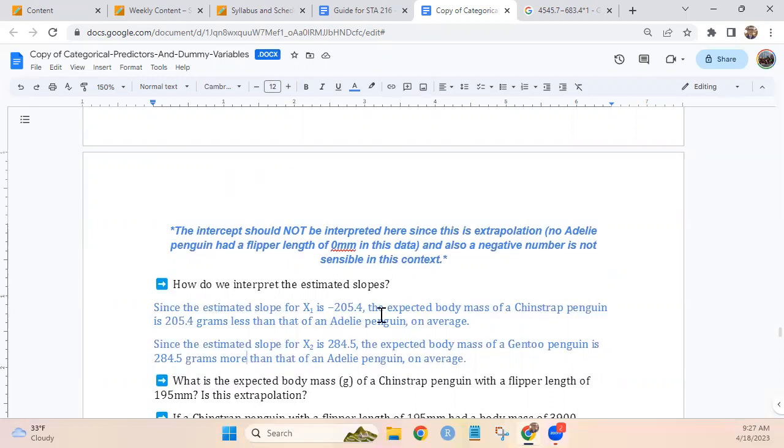So this would be good if species was the only predictor in the model. What do we need to add here? Yeah. If gender was the other predictor, yeah. And here we had flipper length, right? But yes, that's the idea.